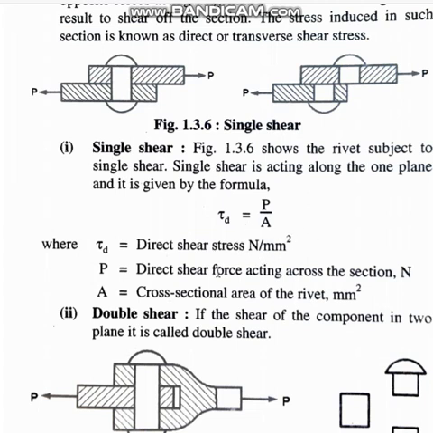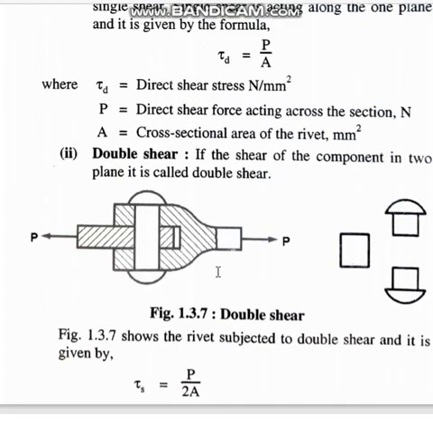And in case of double shear, what happens? Suppose in case of a knuckle joint or a double riveted joint, if a rivet is inserted into a fork or double eye like this, and in the center there is a single eye, and you are pulling the single eye this side and the double eye the other side, it may cut off in two places, here also and here also.